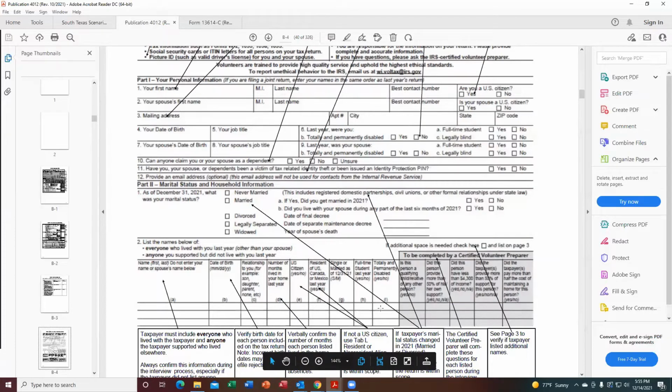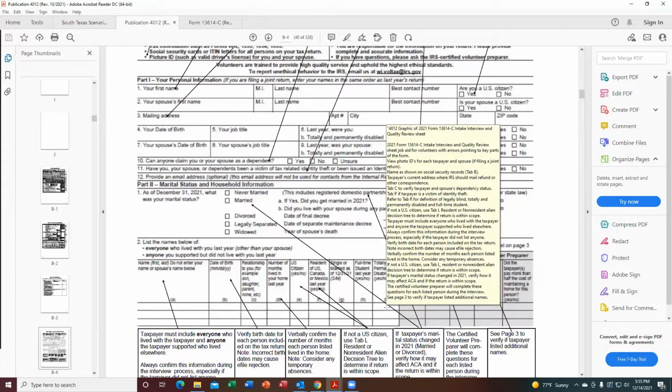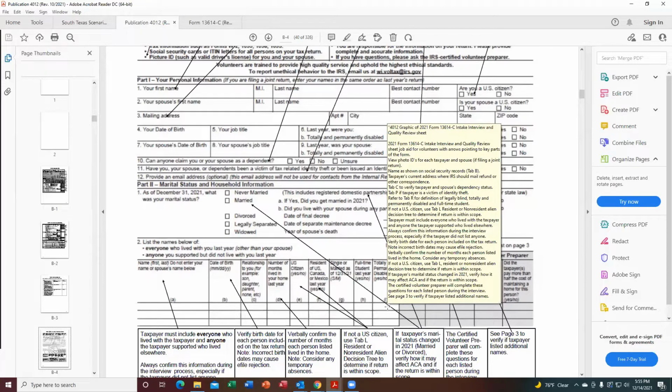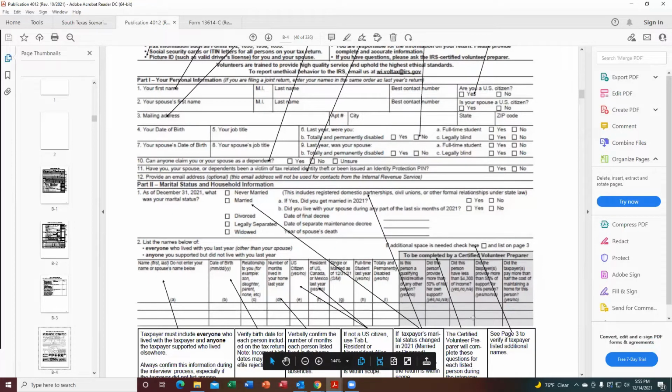And you complete this by asking the taxpayer, which is ideal, either through a phone call or face-to-face or however you're going to deal with your client. But again, this area needs to be populated by the tax preparer.